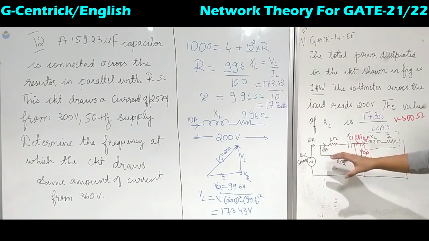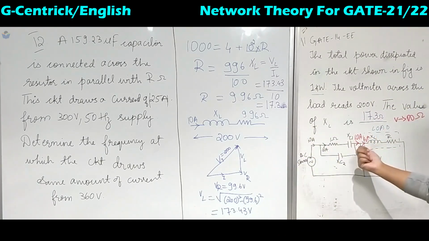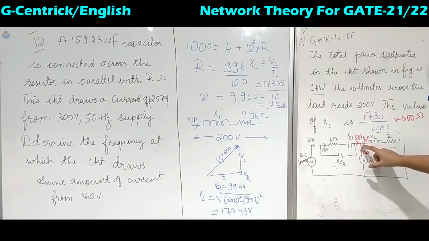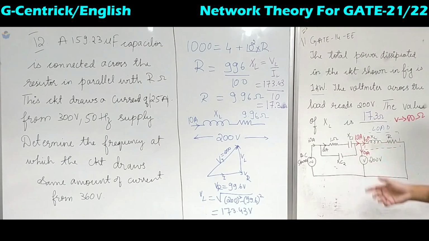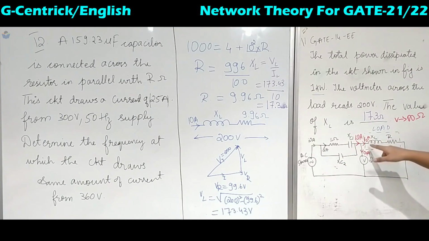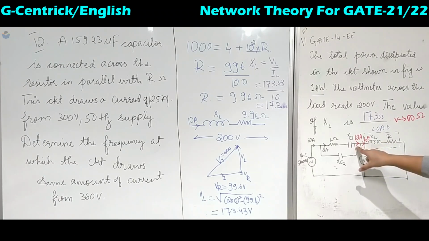Okay, so first, whatever current enters, that much amount of current will leave the circuit. Okay, so this is the voltmeter. It's not a source, it's a measuring device, it will have infinite resistance. Okay, so that is the reason we have got 0 ampere, which will become open circuit. Whatever current is flowing here will flow through this branch also.